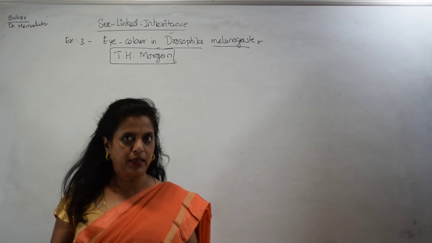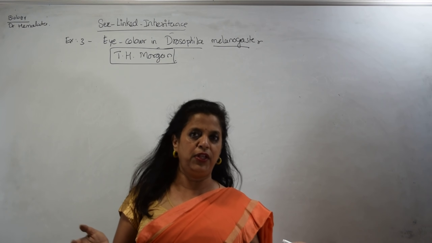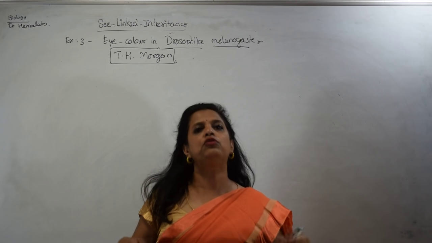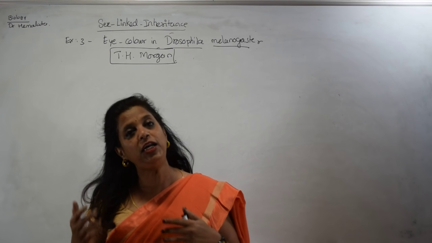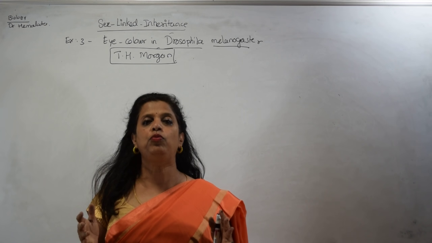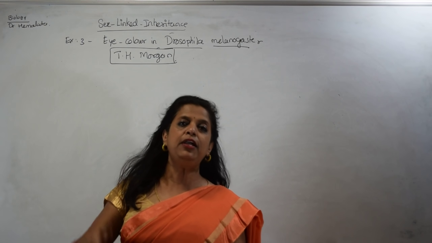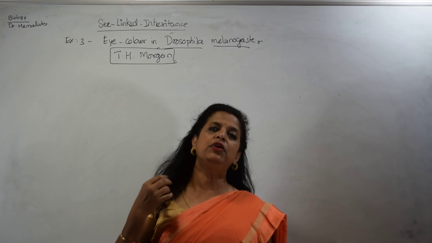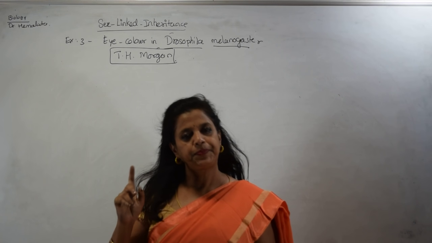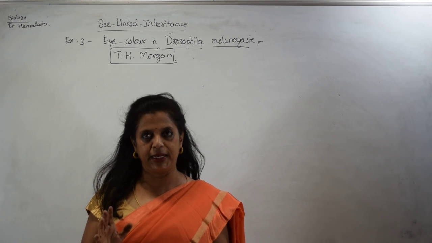It is a body character, right? Eye color and hemophilia, they are all vegetative or somatic characters that might have linked with the X chromosome was his first explanation. Later he worked on that and he was the first person to explain sex-linked inheritance.